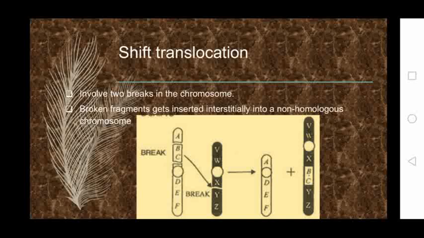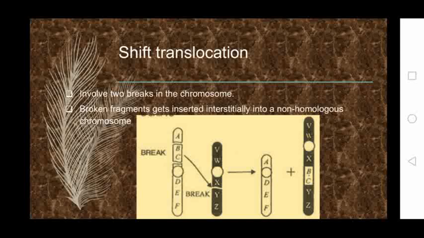Shift translocation basically involves two breaks in the chromosome, and those broken fragments get inserted interstitially into a non-homologous chromosome. Interstitially means within or interior. So it is not joined to the terminal or end portion. This rejoining usually occurs interior to the chromosome. That is why we call it interstitially.